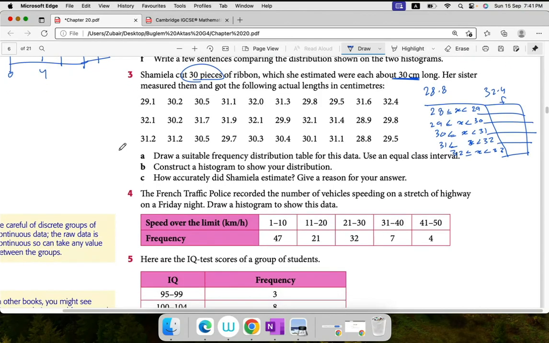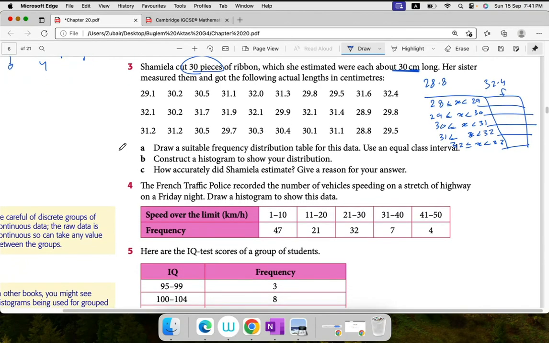Yes. If you just ask me to cut pieces of paper, which should be 7 centimeters each, and I cut them and they're 7 or 7.1 or 6.9, you would just accept it. But if it is like 7.9 and 8 and 9, that will not be acceptable because the desired length was 7. If you see the table on the right, I'm starting with 28.